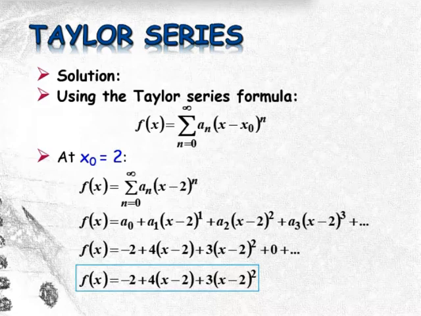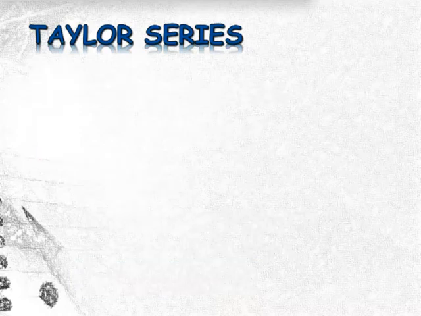We note that the resulting Taylor series is a finite expression. It is actually a quadratic expression since our given function is also a quadratic function. So let us check our solution.